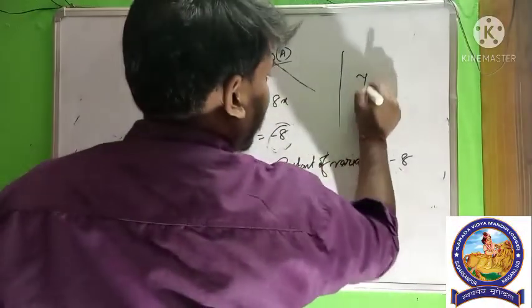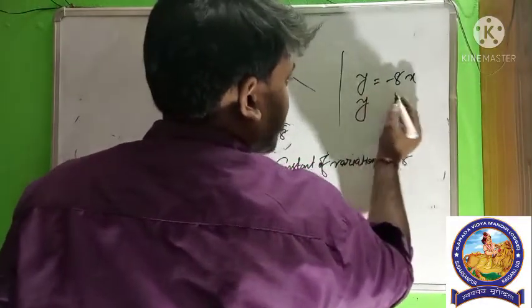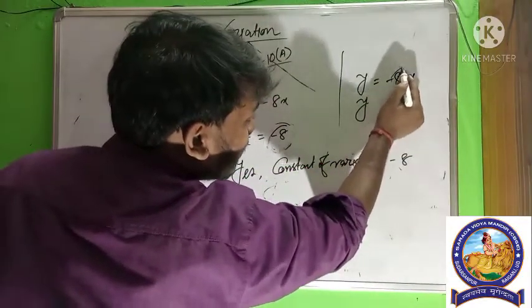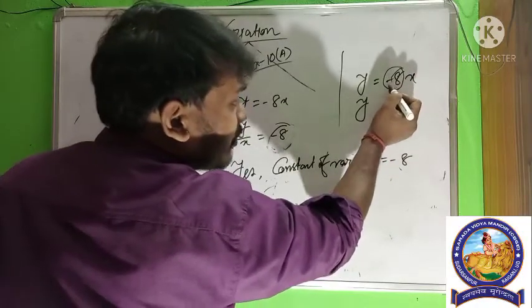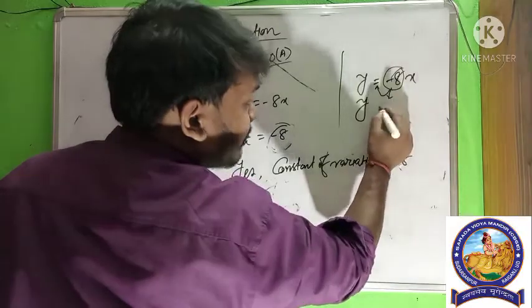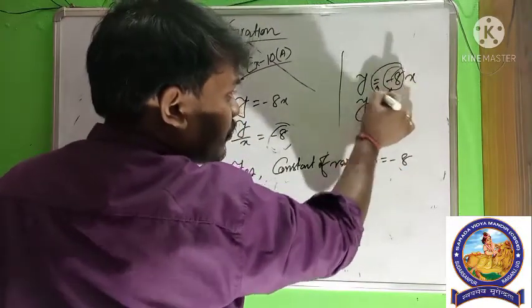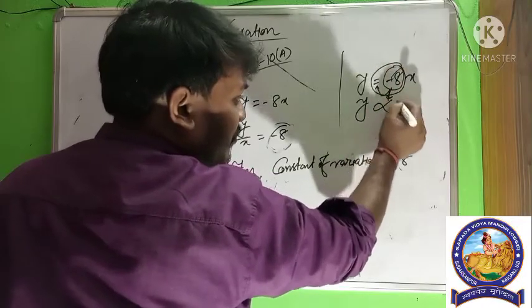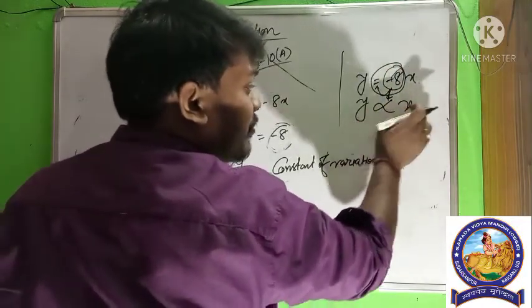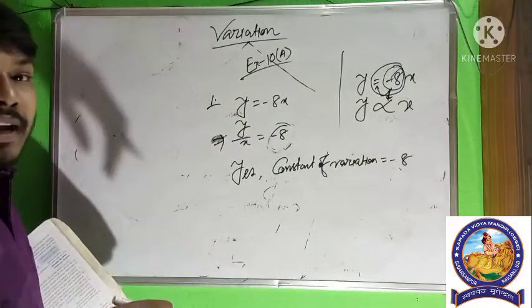Or you can solve it in another way. So y equal to minus 8x. Minus 8 is the constant, and the equal sign can be replaced by the proportional symbol. So y is proportional to x, that means direct variation.